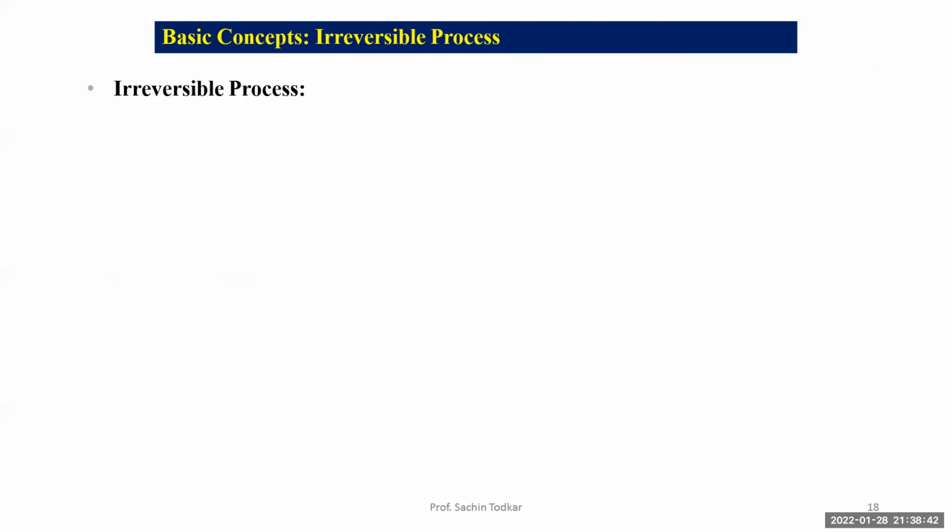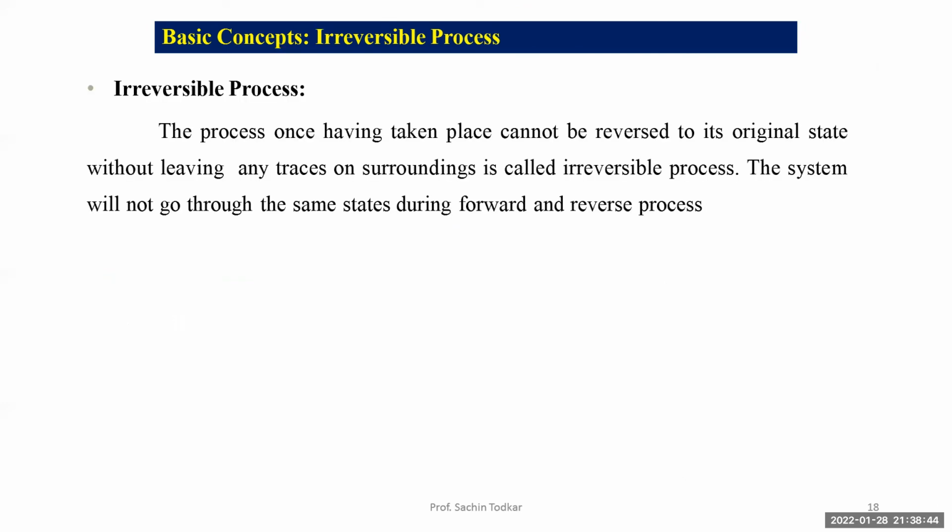irreversible processes. A process which, once having taken place, cannot be reversed to its original state without leaving any traces on the surroundings is called an irreversible process. The system will not go through the same states during forward and reverse process.